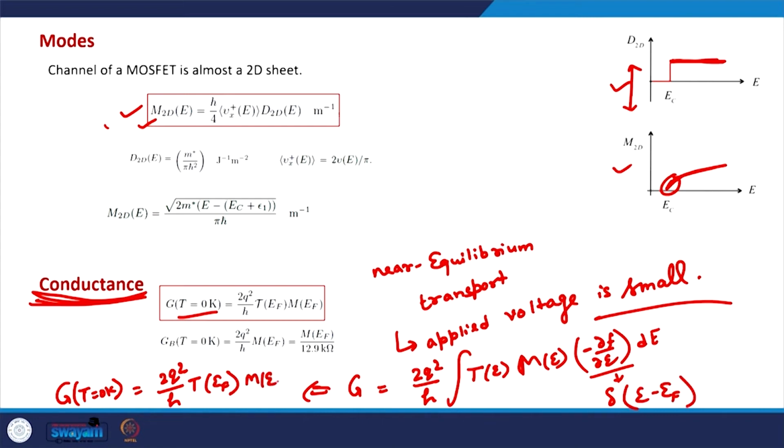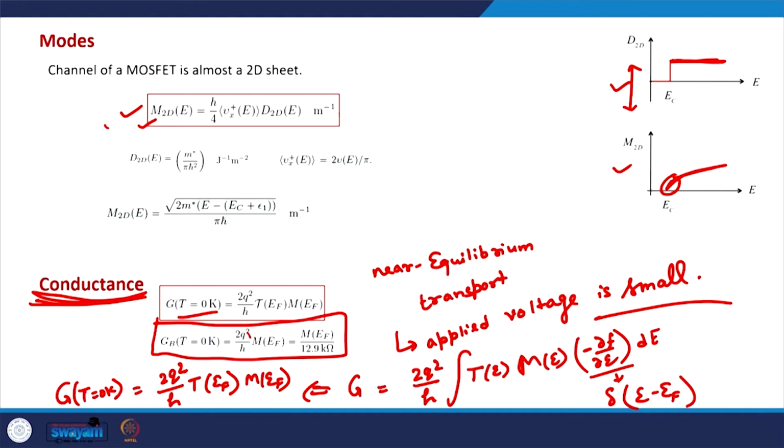So it becomes the transmission coefficient at energy E_F times the modes at energy E_F. And if we make this calculation explicitly, for a ballistic conductor T(E) is 1 and 2q squared by h is 1 by 12.9 kilo ohms. So the conductance is equal to the number of modes divided by 12.9 kilo ohms, which means that the conductance of a single mode is 1 by 12.9 kilo ohms.